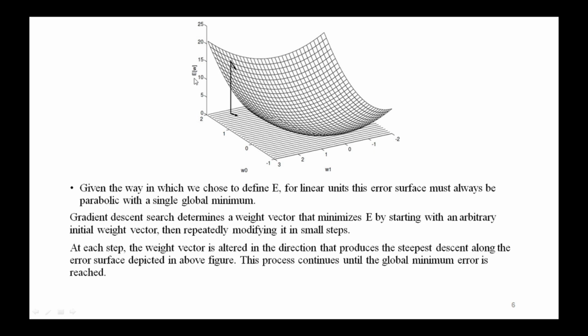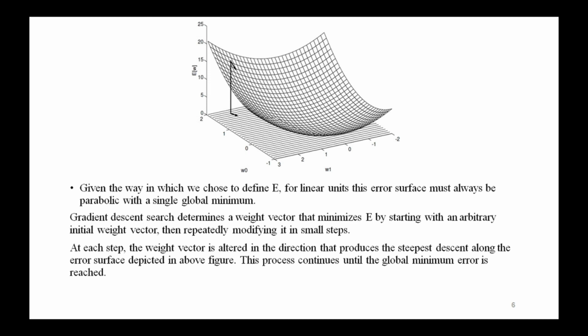The vertical axis indicates error E, which is relative to some fixed set of training examples. The error space shown in this figure summarizes the desirability of every weight vector in the hypothesis space.